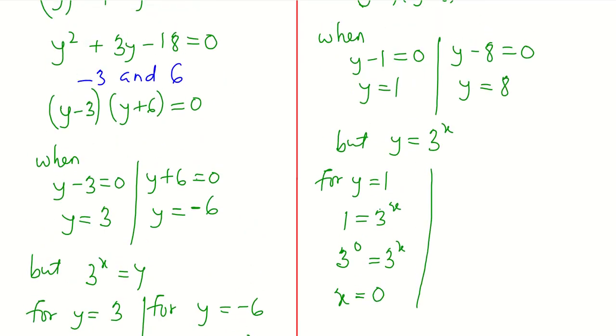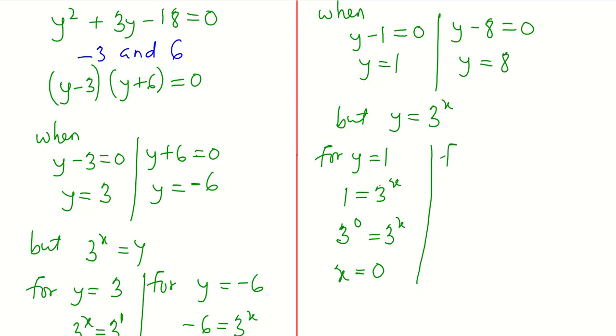So one of the roots is saying that for y equal to 8, then 8 is equal to 3 exponent x. Now there is no way we can write this 8 for it to have a base of 3 and an exponent.